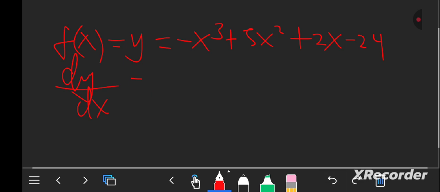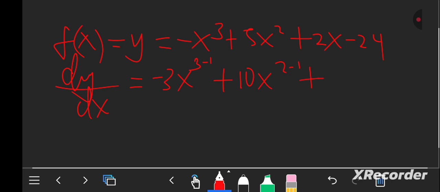So this is differentiation. You multiply 3 by -1, so it will be -3, with x the variable, then the power decreases by 1. It was initially 3, so we say 3 minus 1. For this one, we multiply the power 2 by the coefficient 5, that is 10. So it will be 10x, then the power decreases by 1, so 2 minus 1.